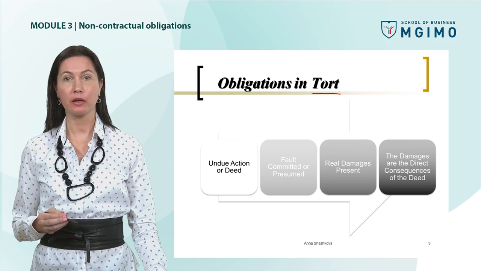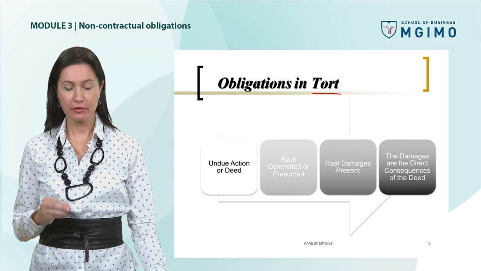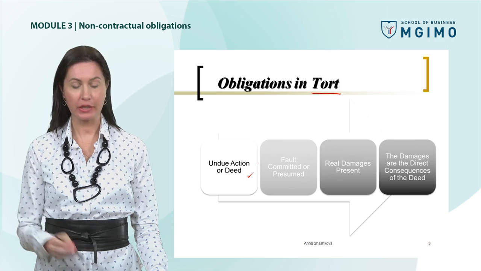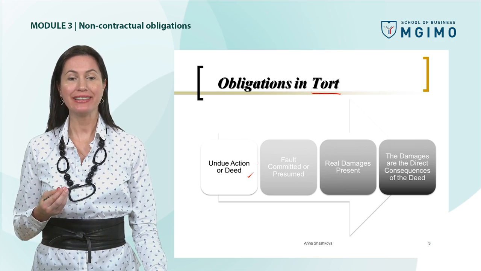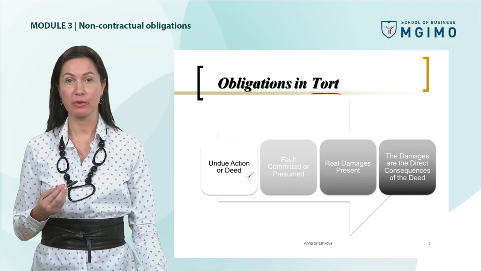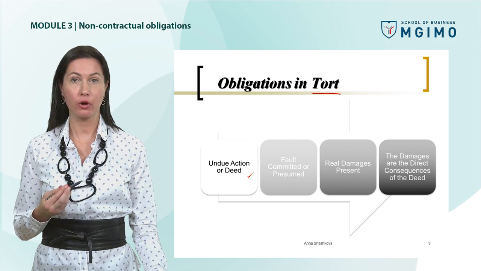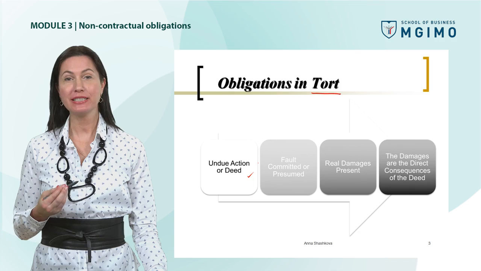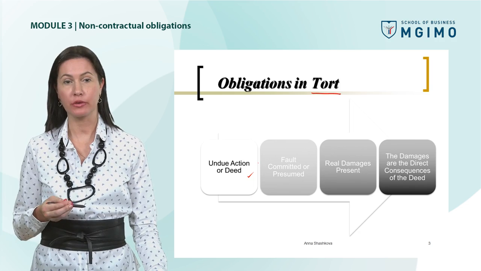When we speak about tort, to identify tort, there must be four notions at the same time. First of all, it must be undue action or deed. What does it mean? It does not need to be something illegal. It can be a negligent action. So, for example, you drink water from a glass bottle and you are on the 10th floor of the building and you decide, when you're finished with the bottle, just to throw the bottle out of the window.